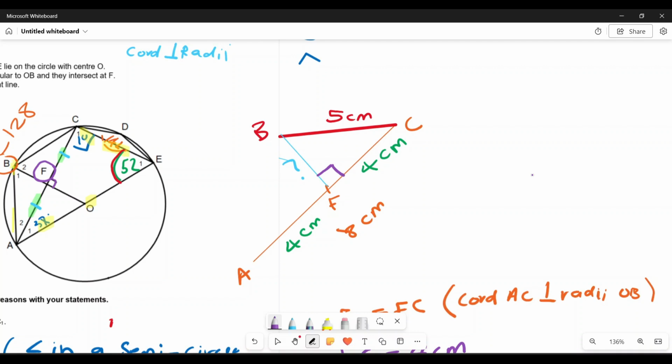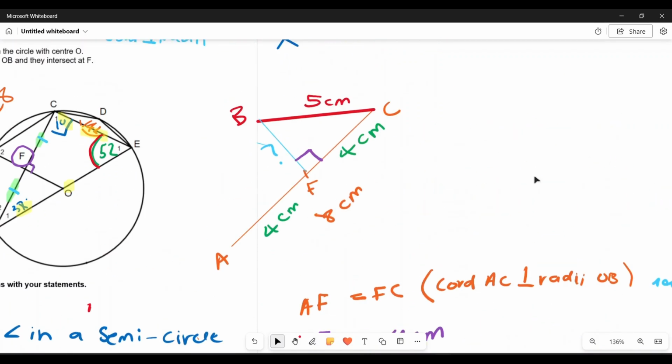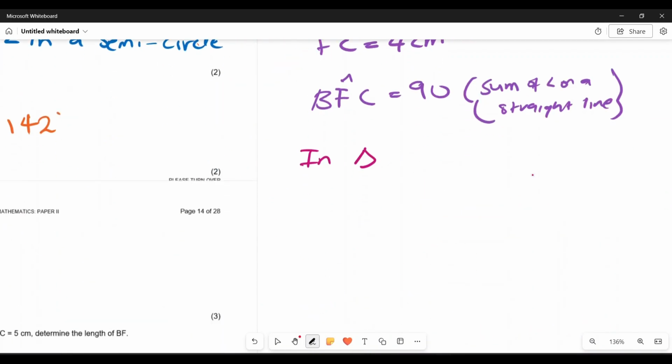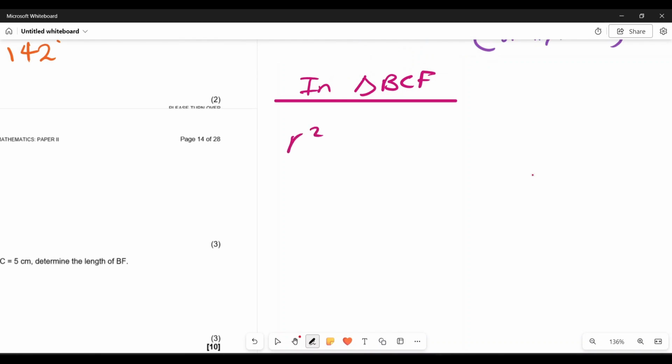Now, this simply means that to find my BF, I can use the theorem of Pythagoras in this instance, because I have a right angle triangle. So first, I'm going to mention the right angle triangle that I have. In triangle BCF, I'm going to use the theorem of Pythagoras, whereby r squared is equal to x squared plus y squared.